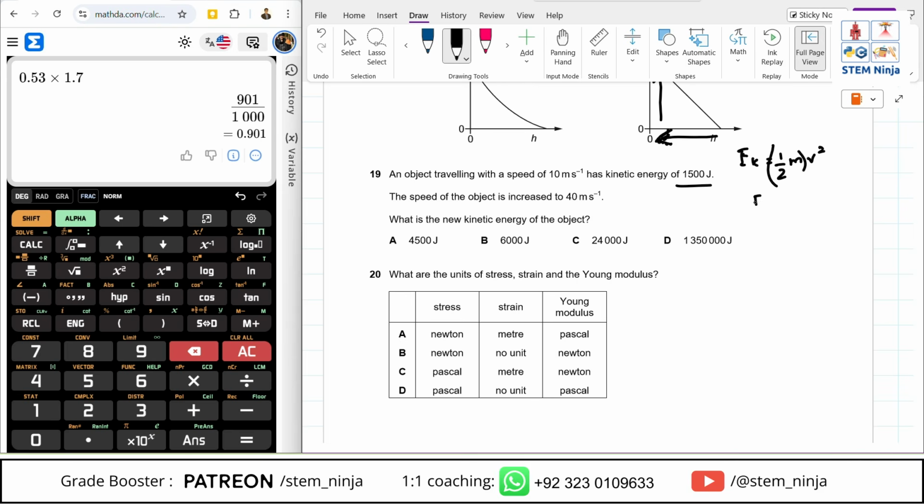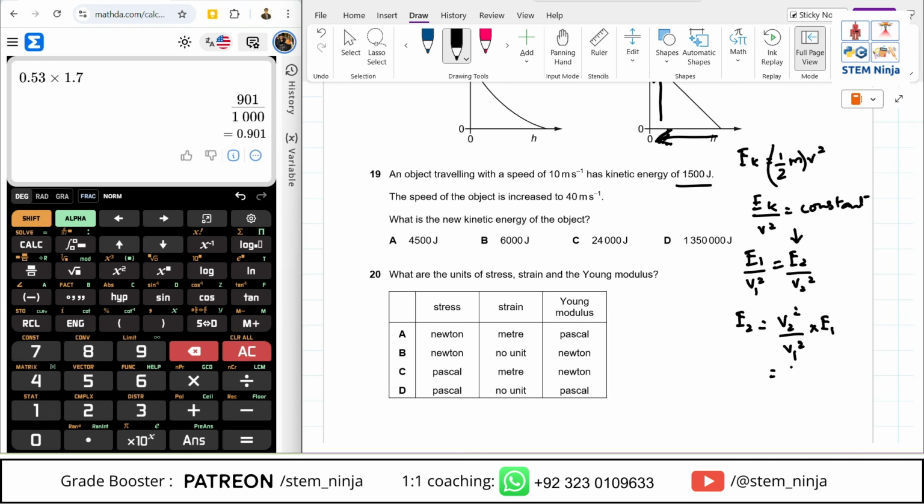So this means that EK over v squared is equal to constant, right? So E1 over V1 squared equals E2 over V2 squared. So we need to find out the E2 basically. So E2 would be V2 squared over V1 squared times E1.